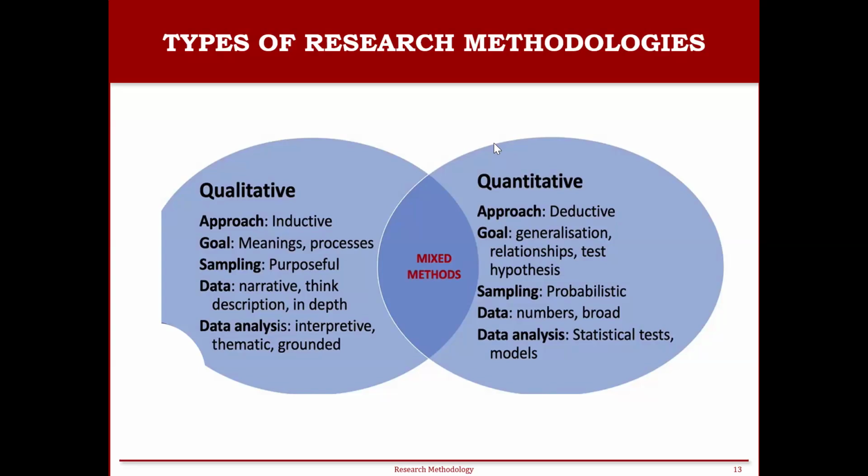We can measure the variables, we can generalize our findings to a large population, and we can add more value to our research. We can use research instruments like survey studies and experimental studies, and statistical testing can be used as a research instrument.